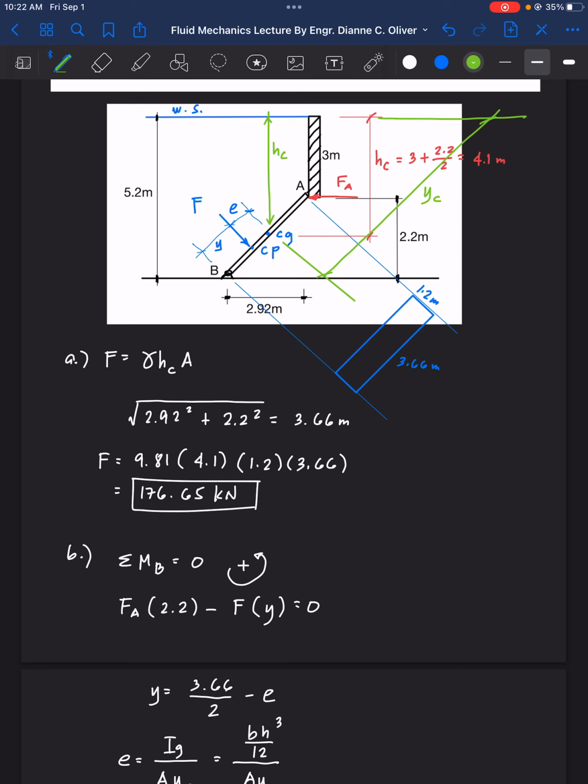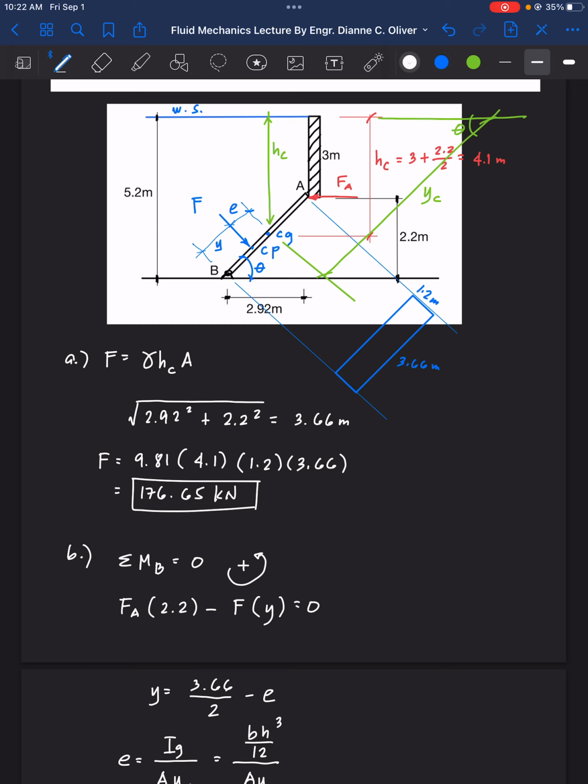If you notice, there is a triangle being formed. So first we will need to get the value of this angle. What's the value of theta here? The value of that theta is equal to the value of this theta here at the incline of the gate.